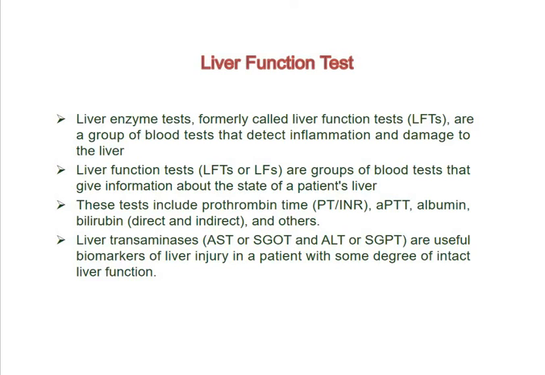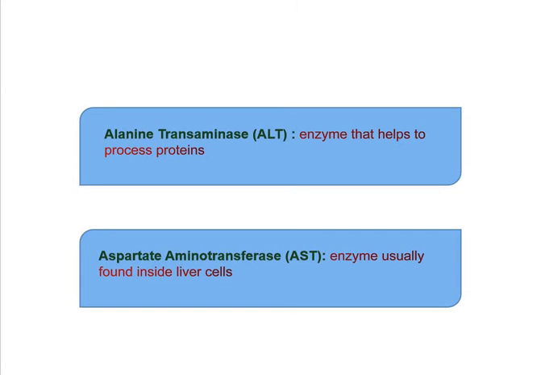The first test is alanine transaminase. Alanine transaminase is an enzyme that helps to process proteins. It is a protein that helps to speed up chemical reactions.